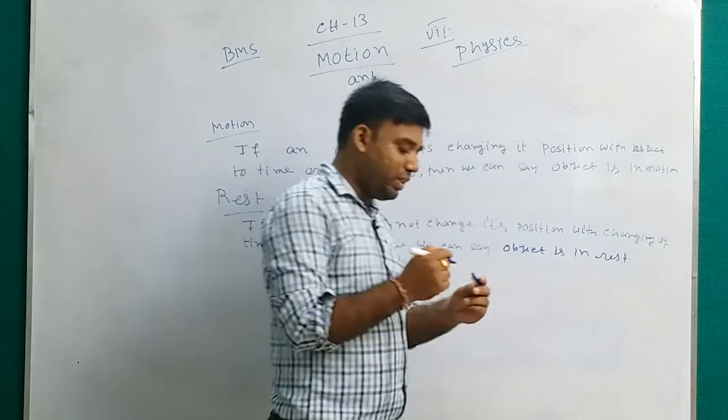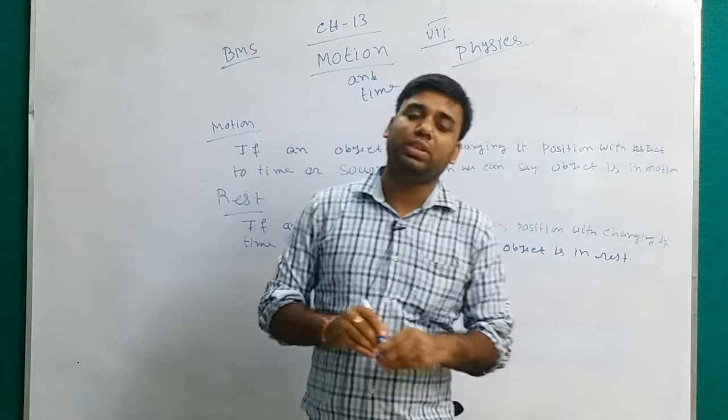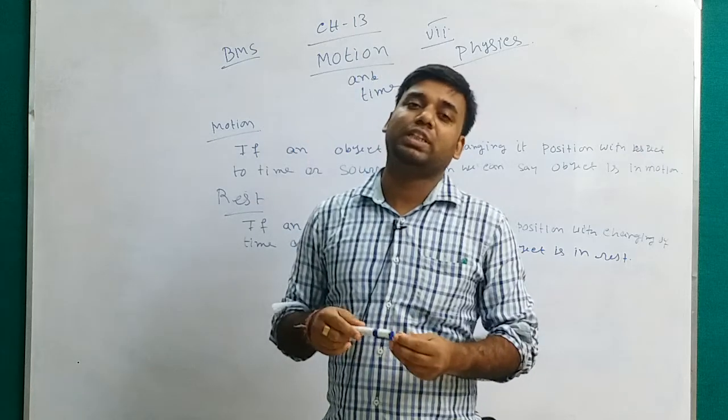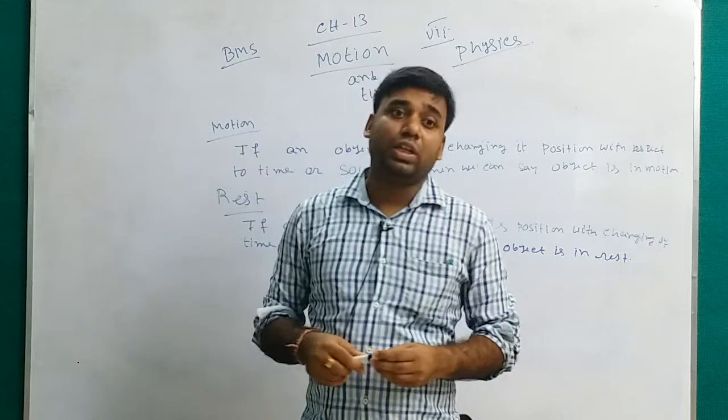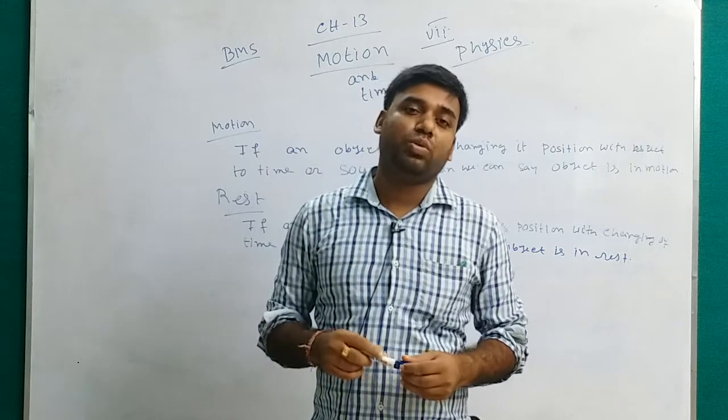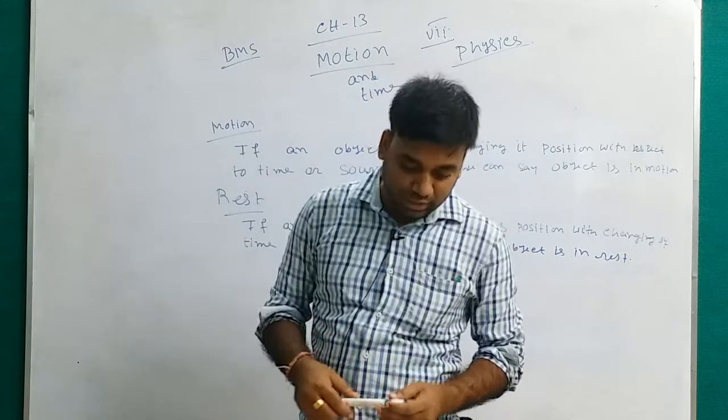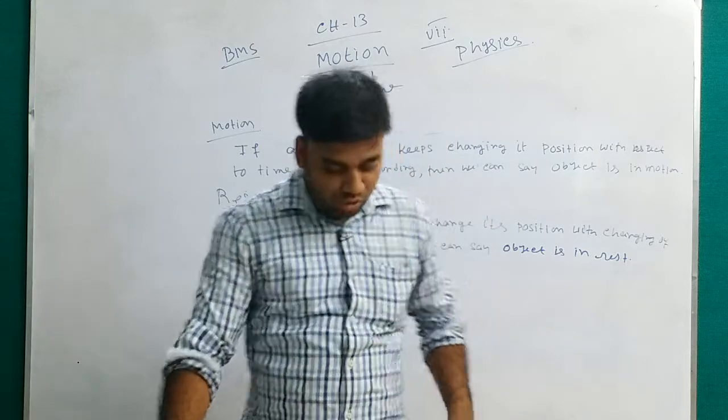So there is a little bit of difference between motion and rest. Motion means you are changing your place, you are changing your position with respect to time, and rest means you are not changing your position with time. Okay, that is rest.